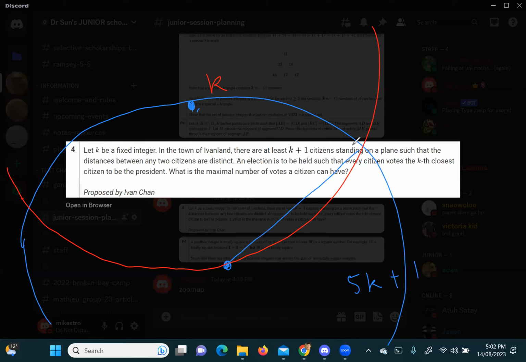So because the circles are identical, this is like a 120 degree arc, or angle, you know? Okay. And also we've taken away at most K voters, right? So there remains here at least 4K plus 1 voters.